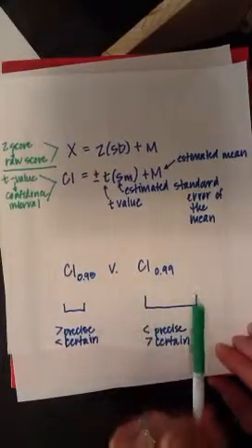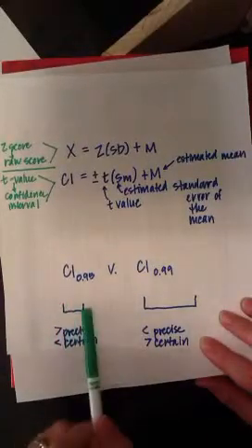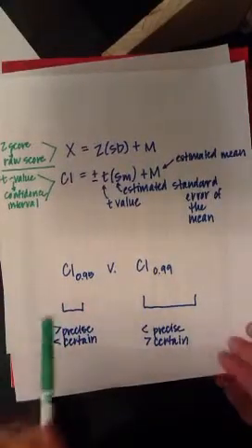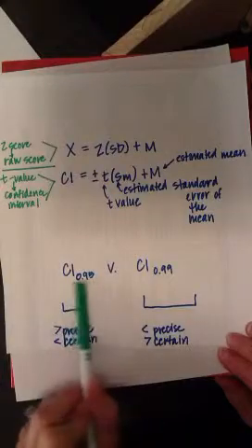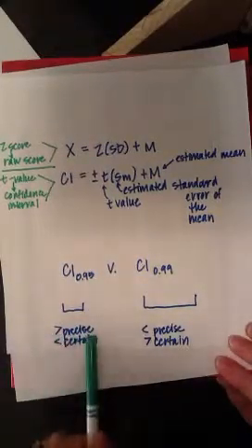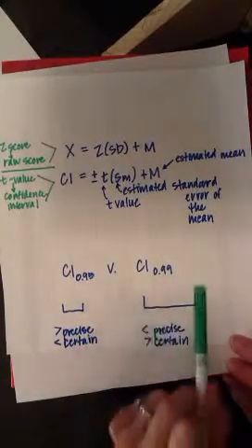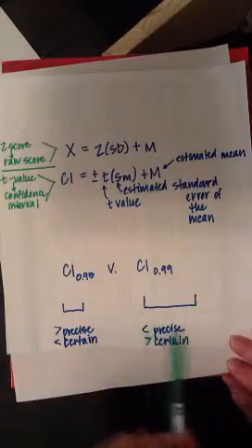So this is going to be a wider range than your 0.95 confidence interval. Because the 0.95 confidence interval is a narrower range, it's going to be more precise than your 0.99 confidence interval, which is going to be a wider range. So it's going to be less precise.